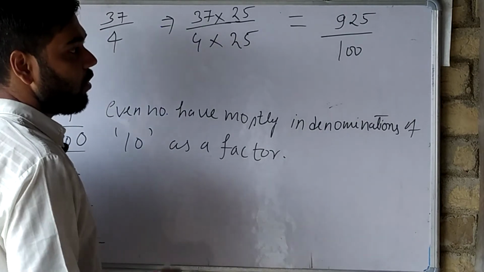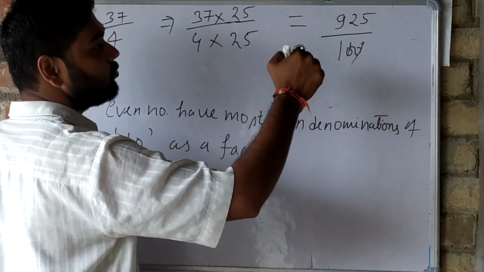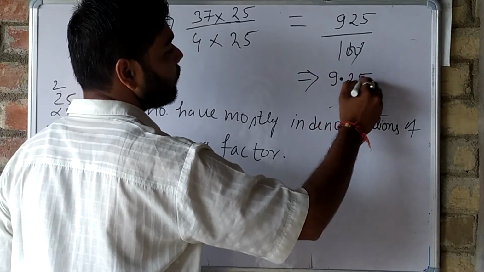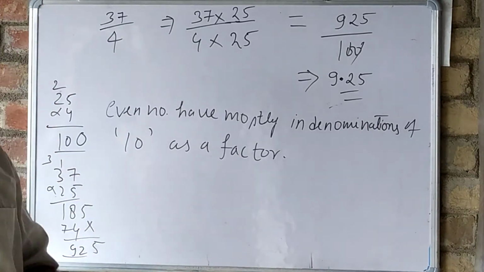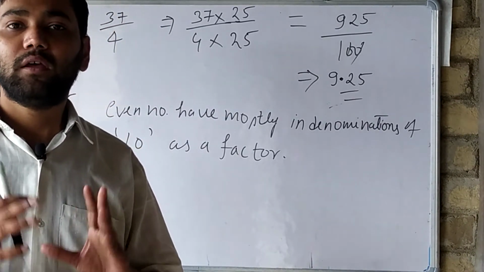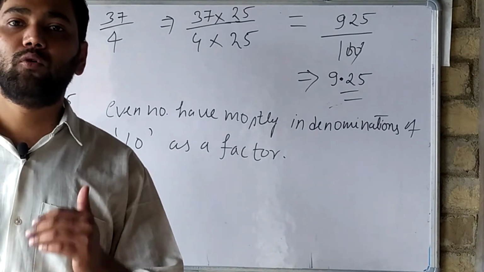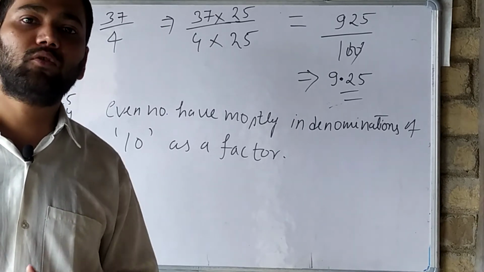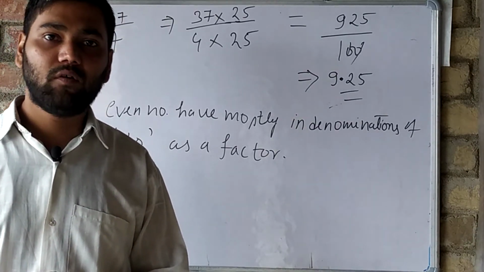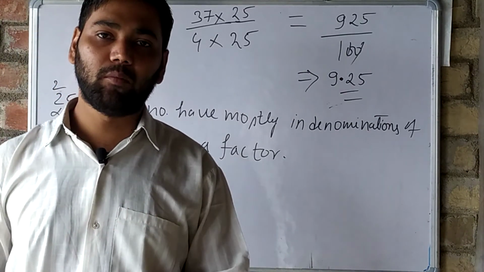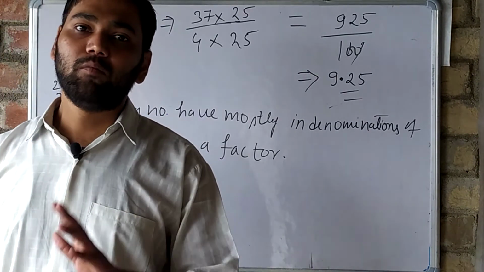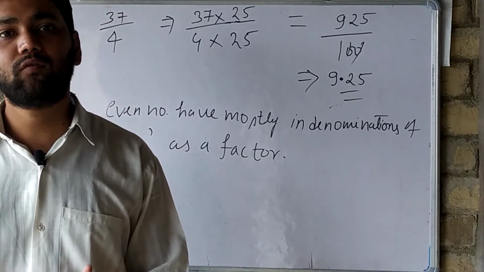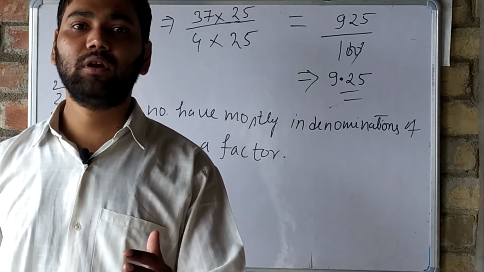So it comes to 925 upon 100. Now we know what to do: we remove the zeros. So the answer will be 9.25. It is very easy, we just have to know the rules of how to convert a fraction to a decimal. What are the rules? We see the denominator first, whether it is an even number or odd number. If the denominator is an even number, make sure we can convert it to 10 or denominations of 10, mostly 10, 100, 1000 or 10,000.